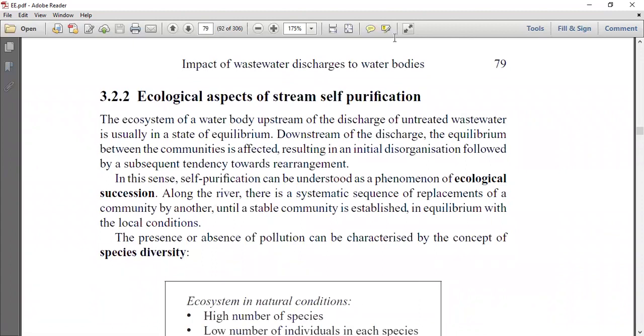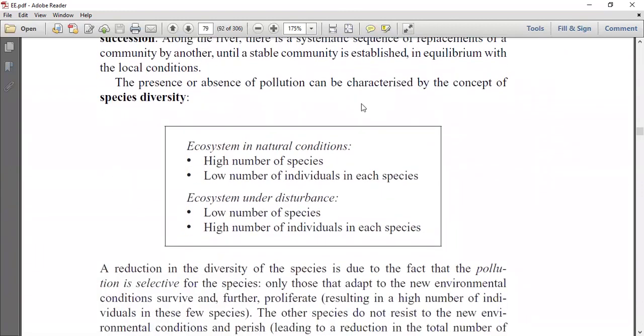The presence or absence of pollution can be characterized by the concept of species diversity.